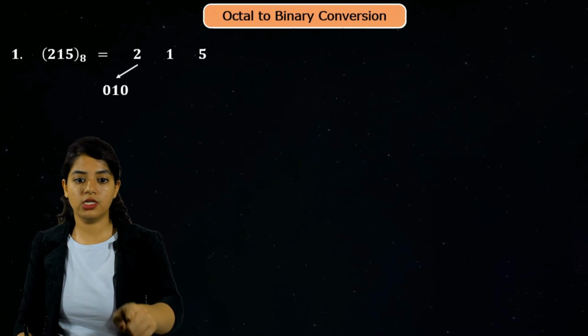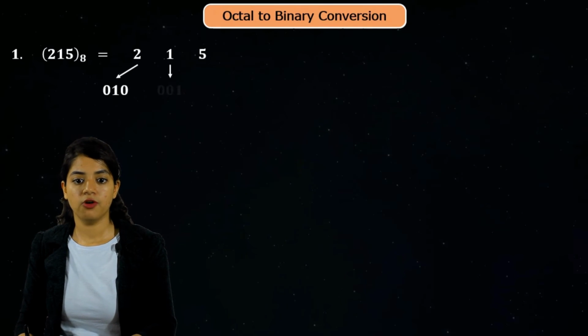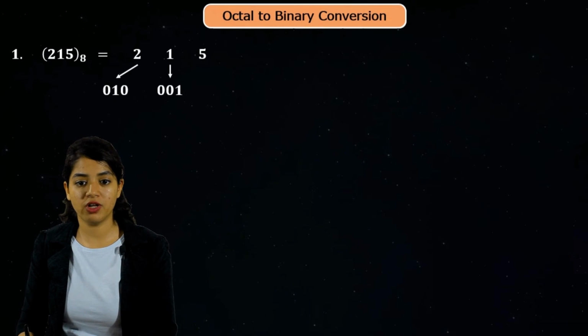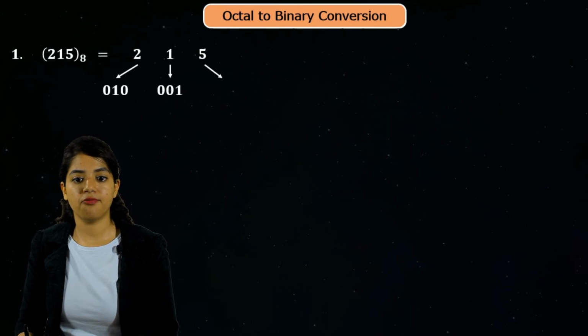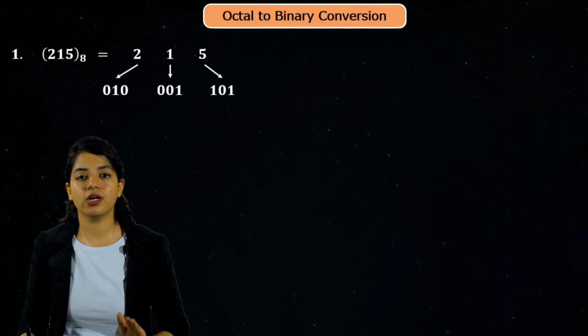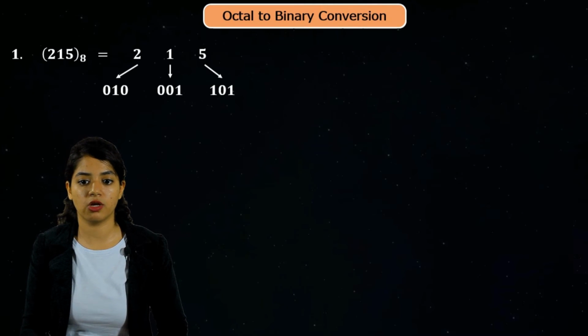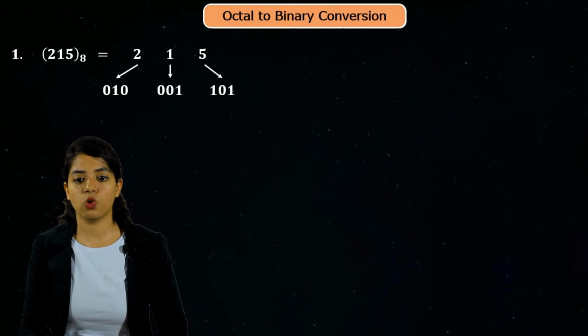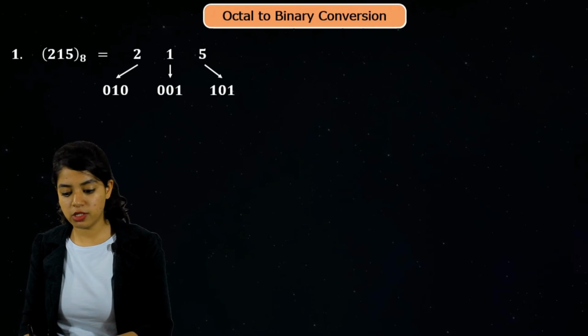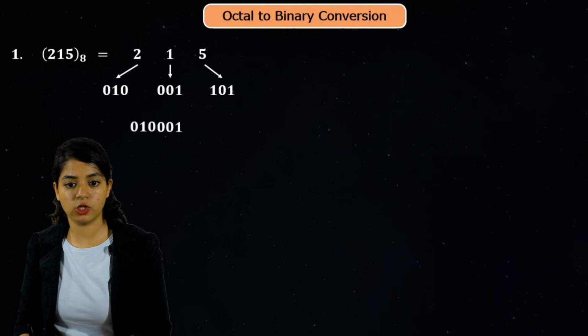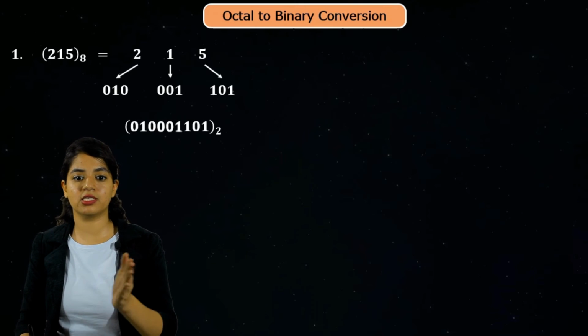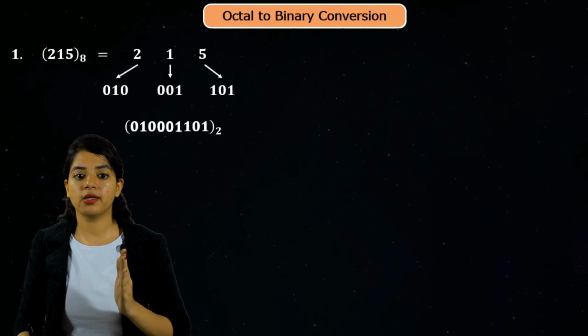So 2 is written as 010, 1 can be represented as 001, we have already seen this, right? And 5 can be represented as 101. We have seen this in the first example of converting binary to decimal to binary. So 5 is nothing but 101, and we will just merge everything: 010, then 001, then 101. This is the entire binary number.